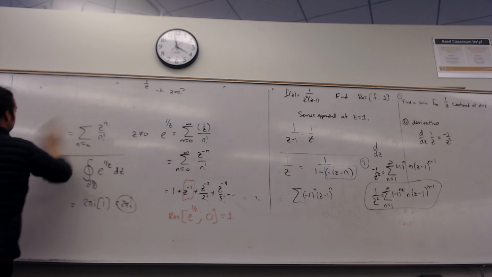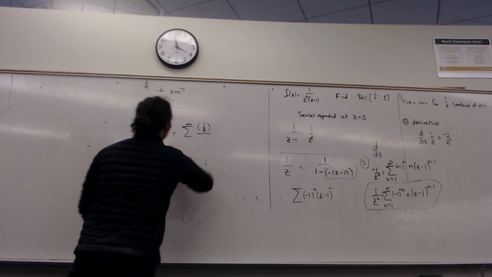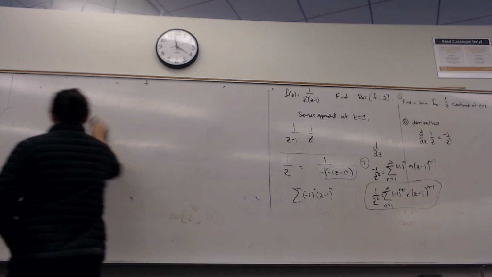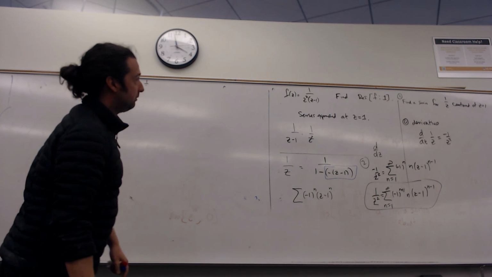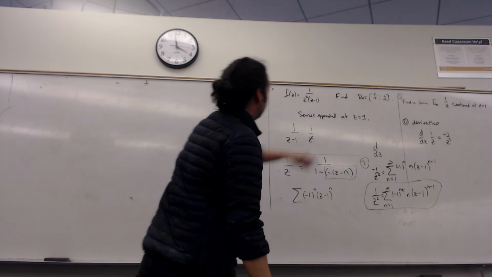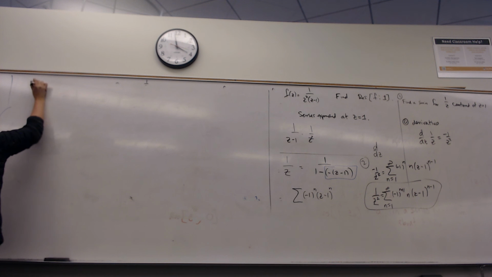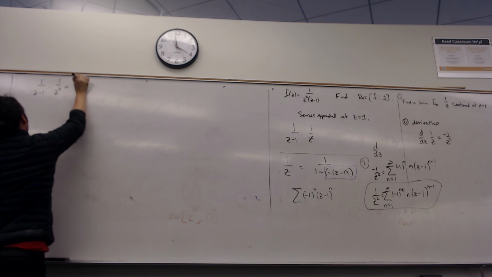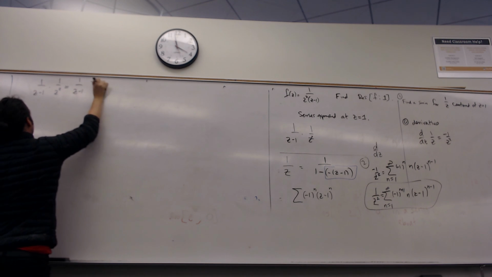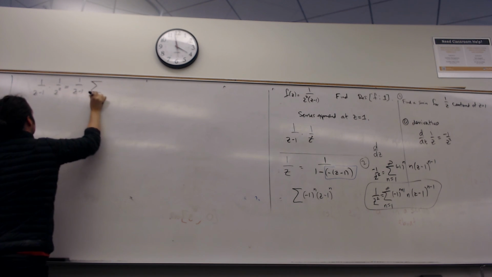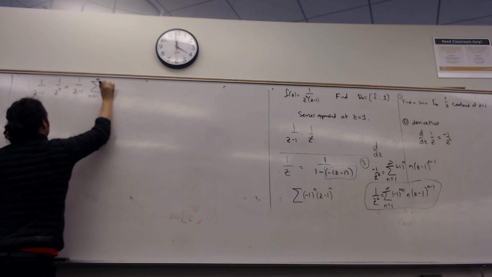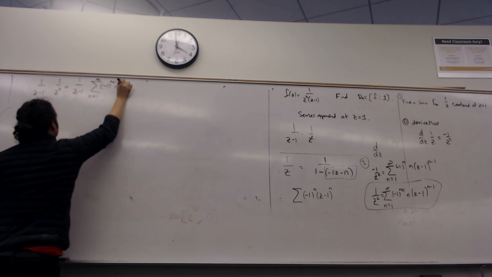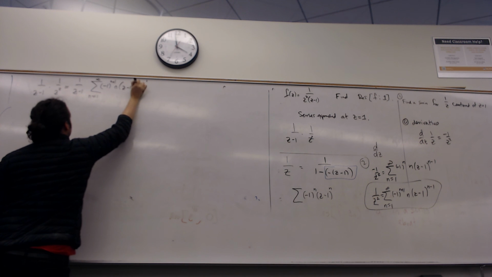Let us continue. What were we even trying to do? Oh, we're trying to find the residue of f at 1. So that means that 1 over z minus 1 times 1 over z squared is equal to 1 over z minus 1 times the sum from n equals 1 to infinity of (-1)^(n plus 1) times n times (z minus 1)^(n minus 1).